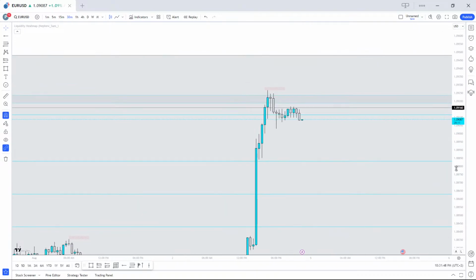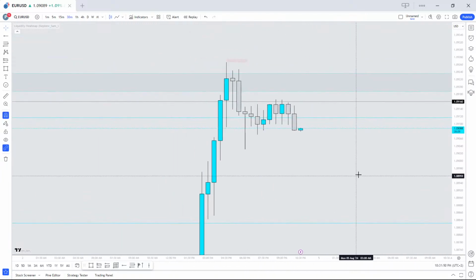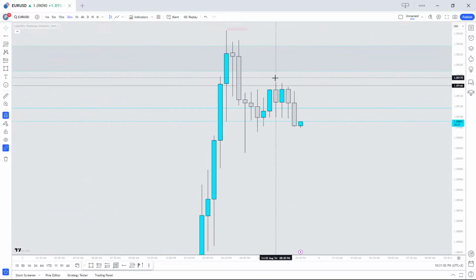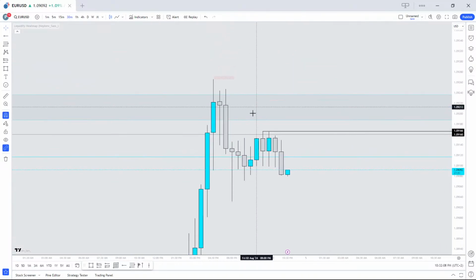But here's the thing. These 4 candlesticks are actually tops, they are highs right here. We can take liquidity from them, but our major liquidity area sits right here.